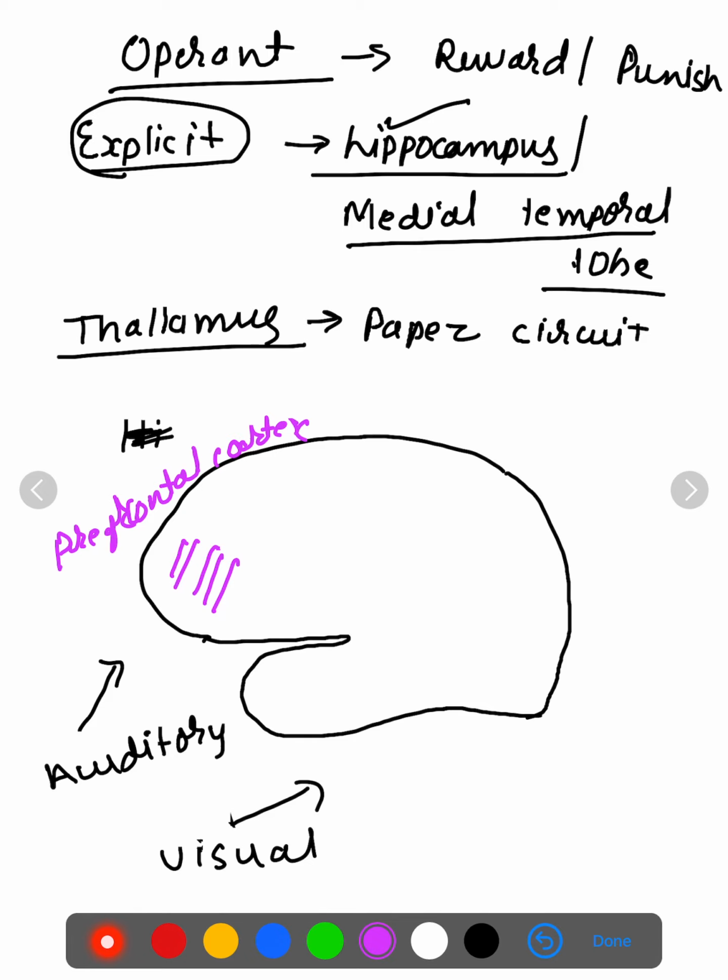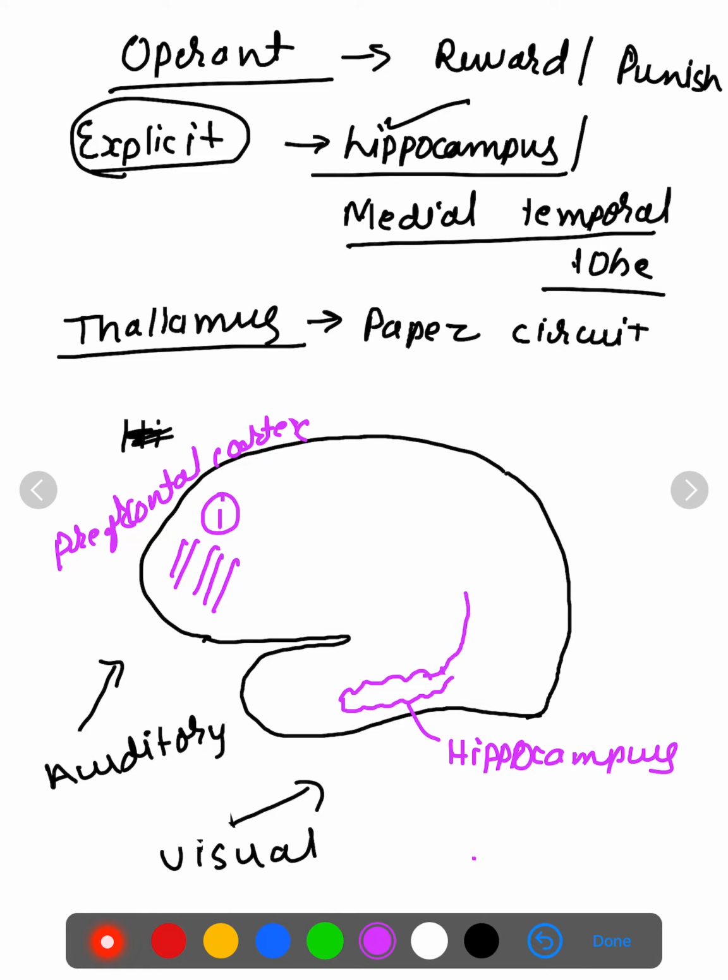This was number 1. Then there is one structure here, a structure of the temporal lobe, or specifically the hippocampus. Then it will go to the hippocampus.